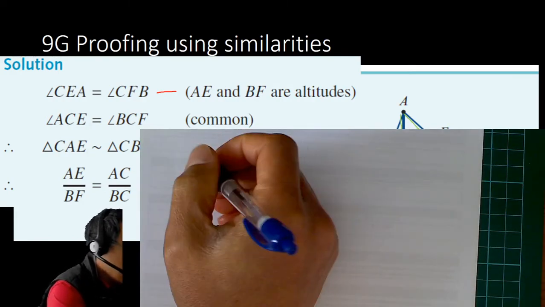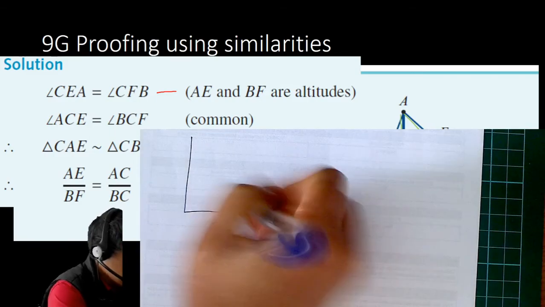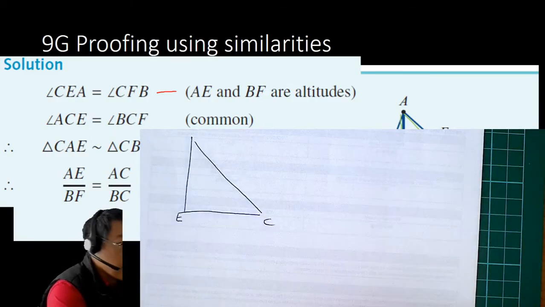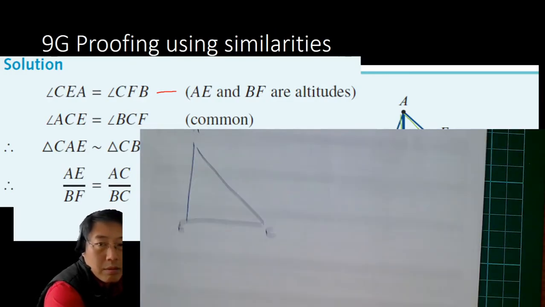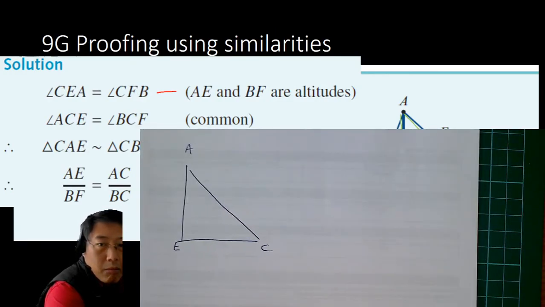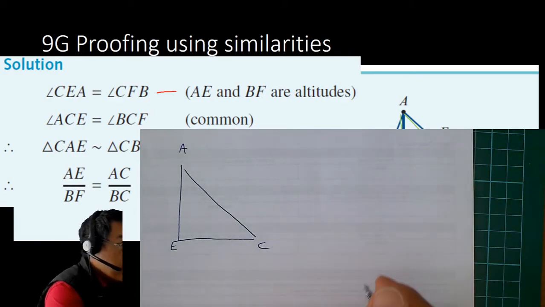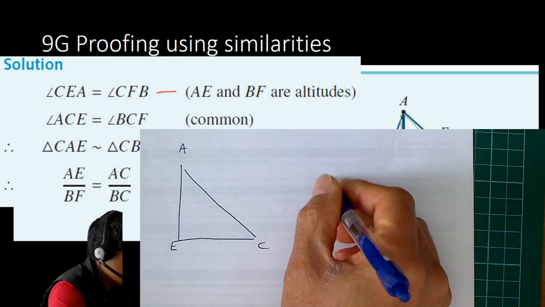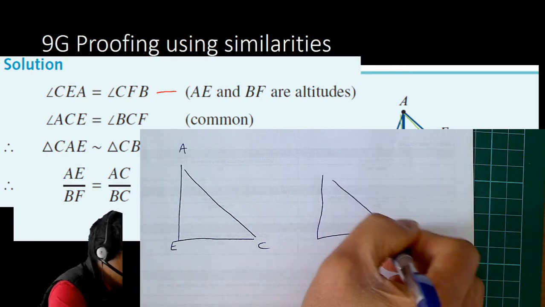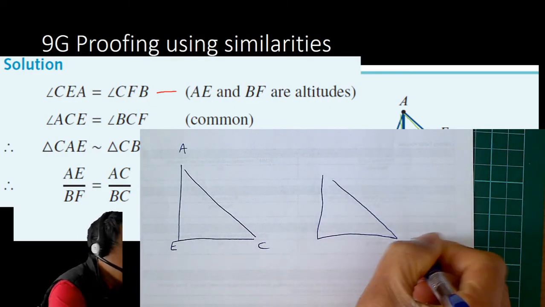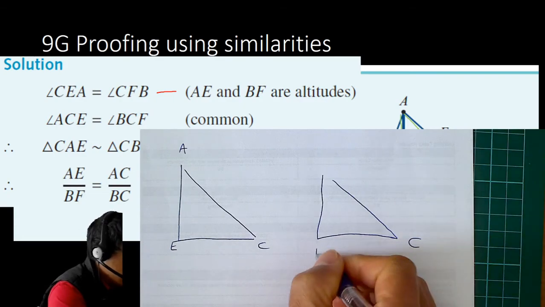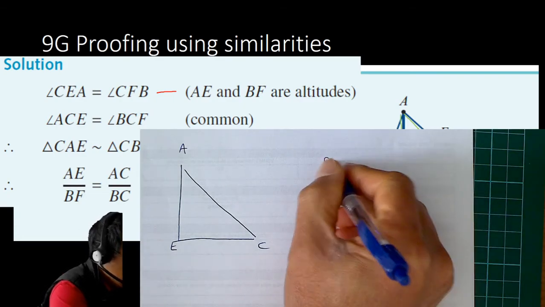I would leave AEC, and then the other one I'll flip it around, so it's gonna be similar. So that end is still C, but I'm looking at B and F, and I have a right angle at F, so my F is going to be here and my B is going to be there.